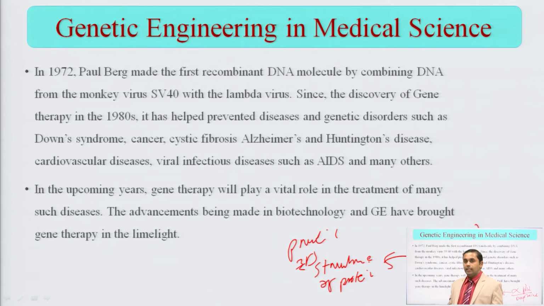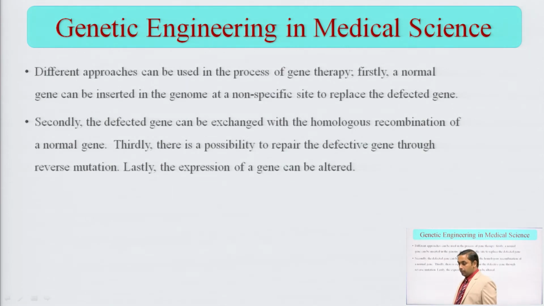Now, great days are yet to come due to the development of AlphaFold. This is free software. You can predict the 3D structure of the protein, because ultimately you need the 3D structure so that you can analyze which receptor this protein will bind with. And by using rDNA technology, you will be able to make your desired protein. So, it is a very big field.